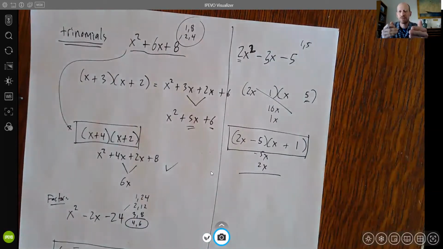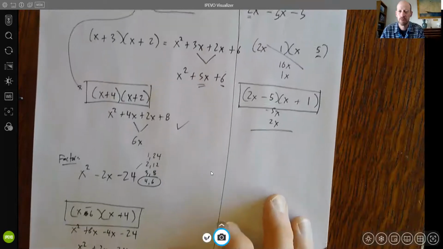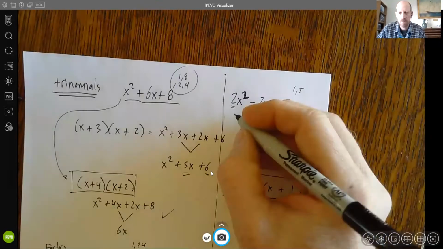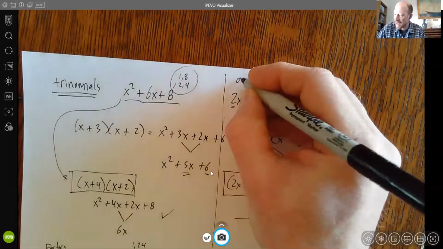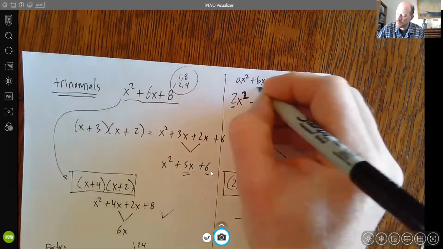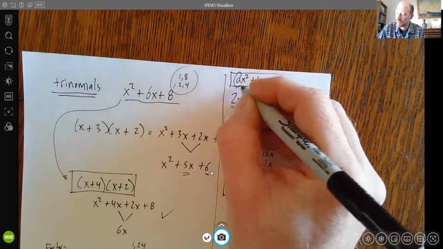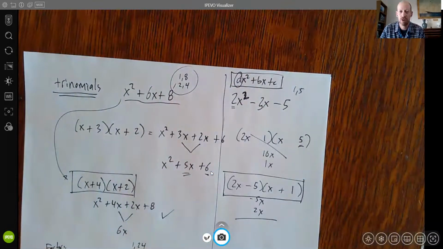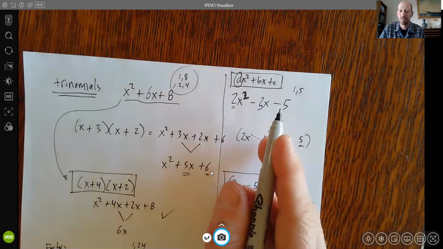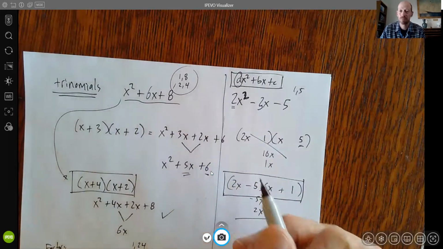Here with factoring, sometimes we take a step and then back, another step and back, and eventually we get to that answer. This form here, we call this form ax squared plus bx plus c. The focus there is on that a in front. That coefficient in front really changes how this polynomial factors.